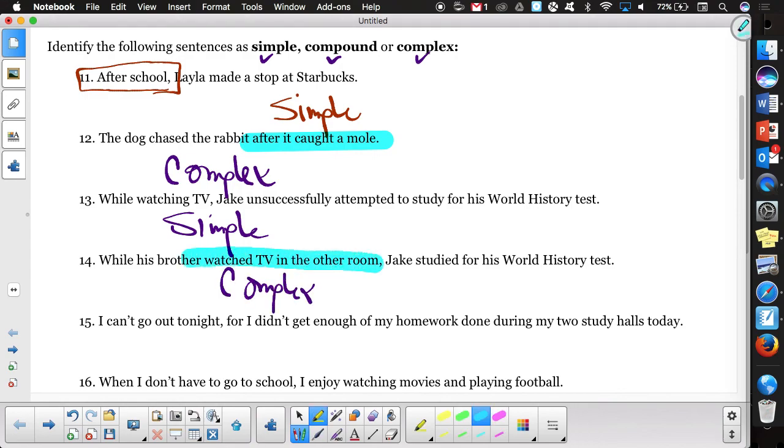Because if I were to take this phrase, while his brother watched TV in the other room, that by itself isn't a complete sentence. It's a dependent clause. But you can kind of see the difference between a lengthy or simple sentence and a complex one. While watching TV, I don't have a subject. I don't know who's watching TV, so it's still part of this sentence. Here, I know the brother watched TV. Dependent clause, independent clause, Jake studied for his world history test.